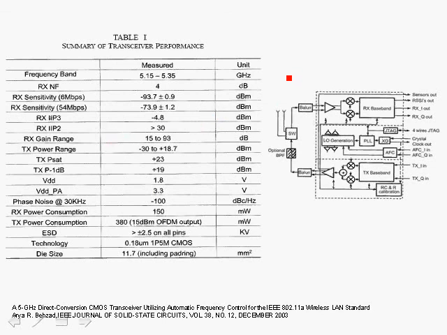So in general, we can show other examples of direct conversion CMOS RFIC chips that have been developed for 802.11a and also for 802.11g at 2.4 gigahertz. And a lot of them actually exceed the recommendations provided by the IEEE 802.11a in terms of performance.